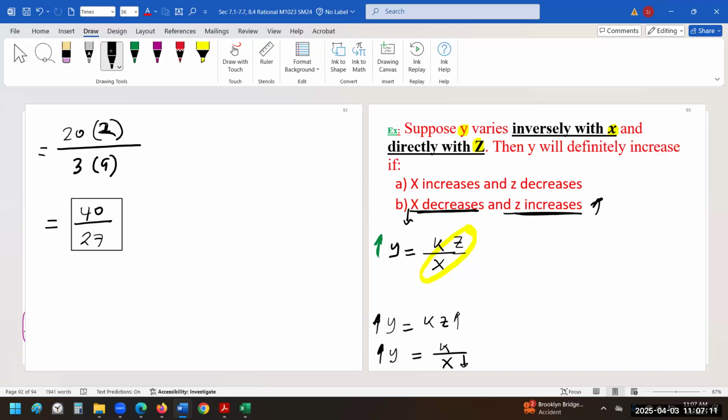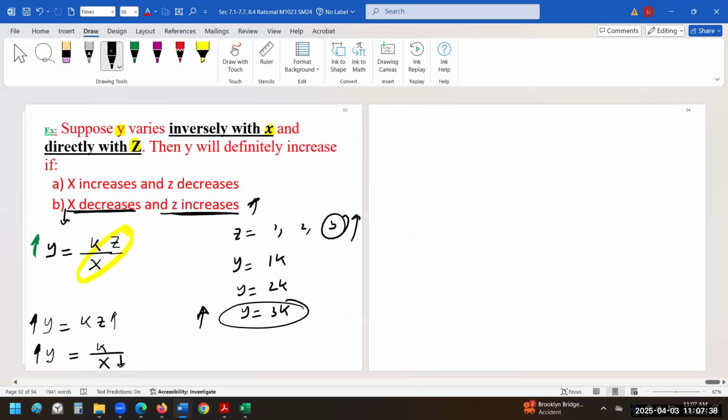For example, let's say here z is 1, 2, and 3. See what happens. Y is 1k, y is 2k, y is 3k. Which one is bigger? 1k, 2k, or 3k? 3k. So see, if you want y to go up, your z must go up.